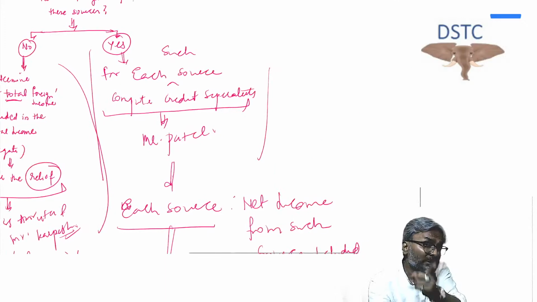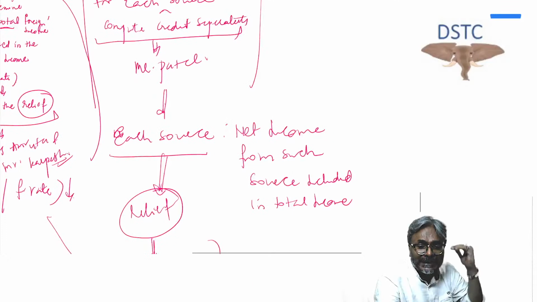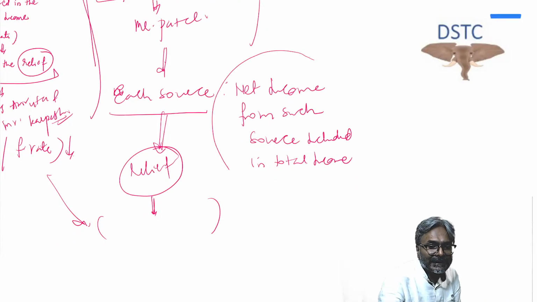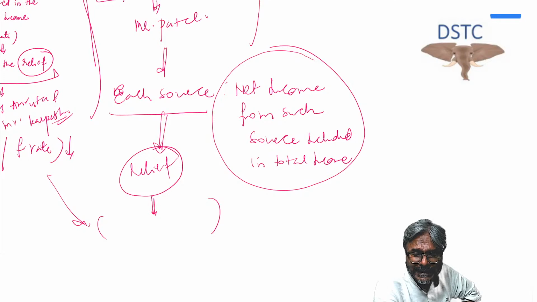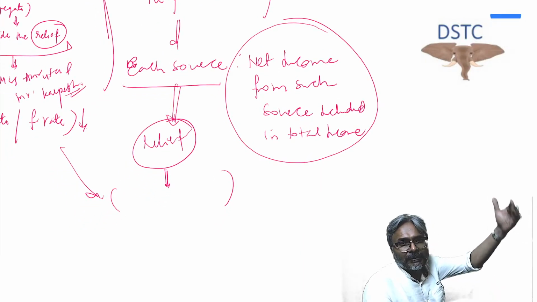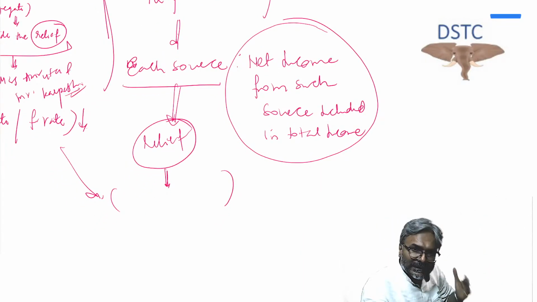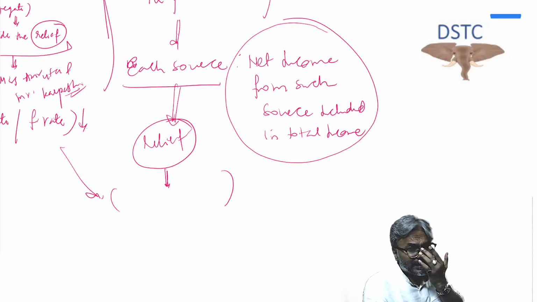But if each source has a different rate in the foreign country, then for each source, whatever is the net income from such source, you will take and include in the total income. Whatever is included in total income from that source, that net income, apply the lower of the two rates, and that will give you the relief from that particular source. Another source, do the same exercise, calculate the tax liability, and that's exactly what you will have to do.